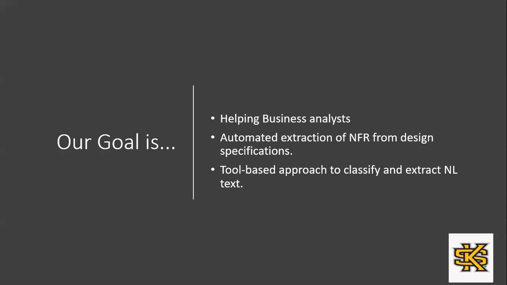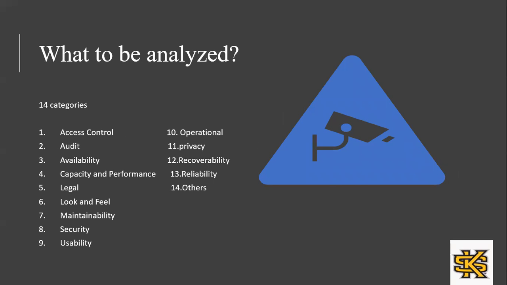To meet this goal, we developed a tool-based approach which we call NFR Locator, Non-Functional Requirements Locator, to classify and extract sentences in existing natural language texts and fit them into their appropriate non-functional requirements categories. The classification is necessary to determine what role a sentence has, what is to be analyzed.